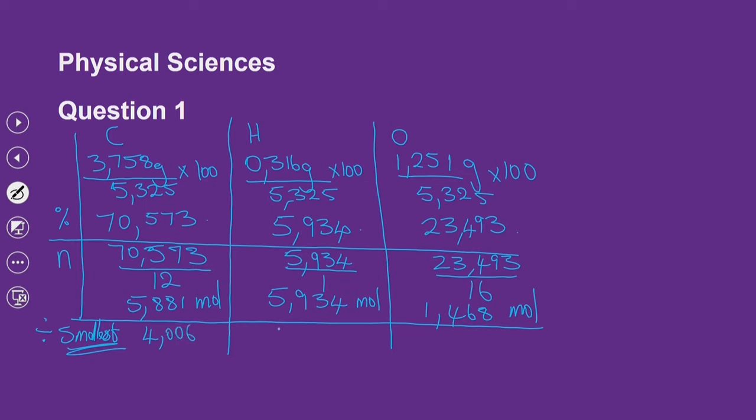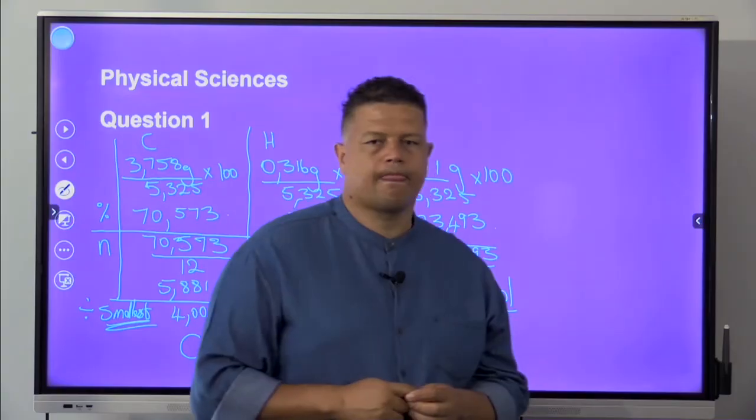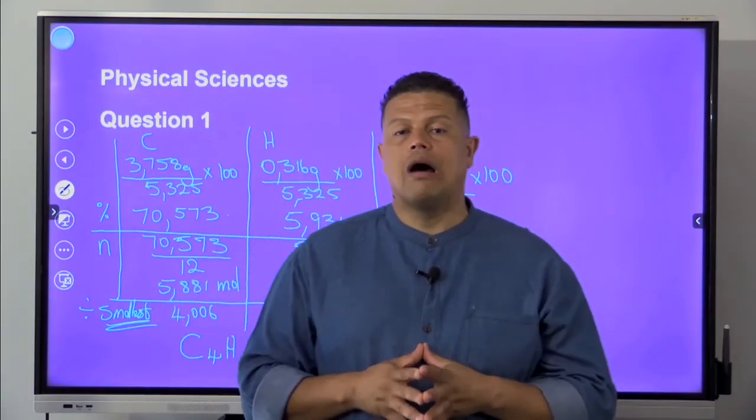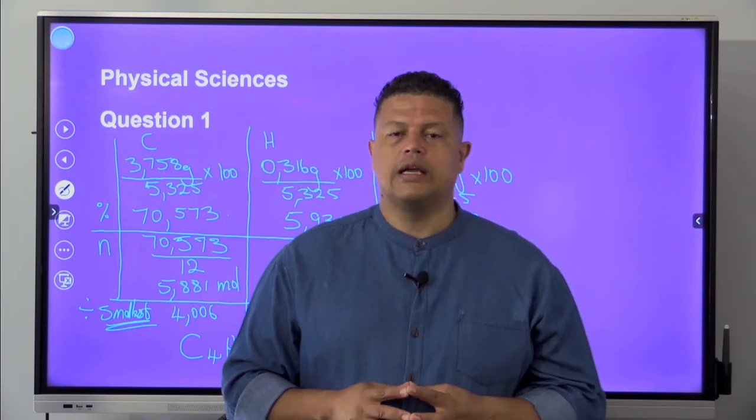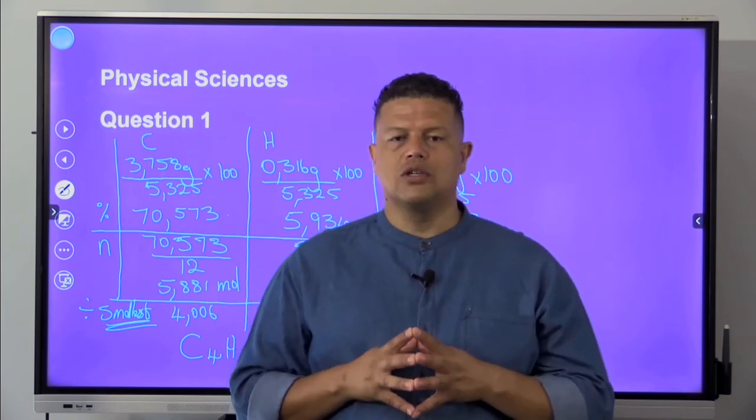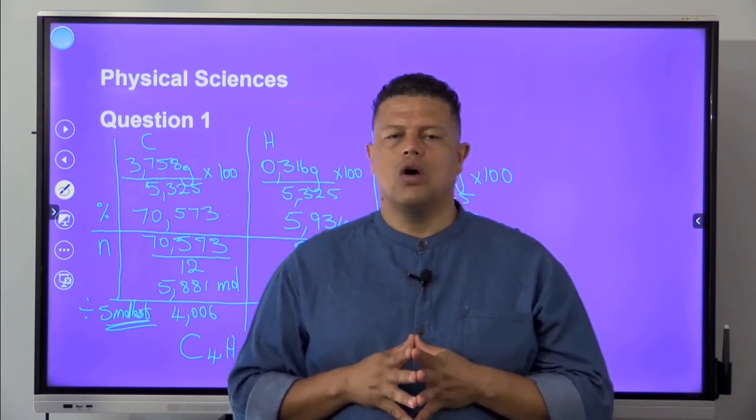The next one is 4,04. And obviously this number divides by itself. It gives you 1. And that gives you an indication that carbon is 4, hydrogen is 4, and oxygen is just 1. Therefore, our empirical formula is carbon 4, hydrogen 4, and just 1 oxygen.